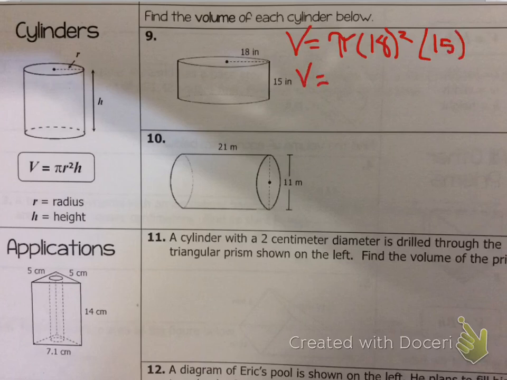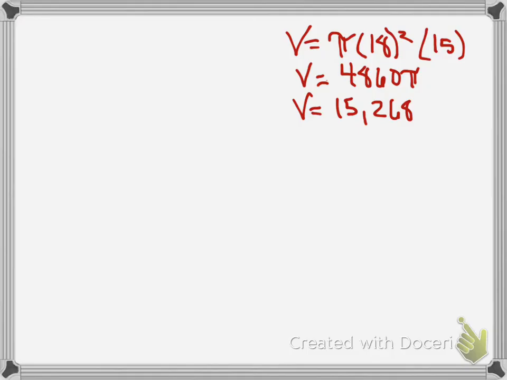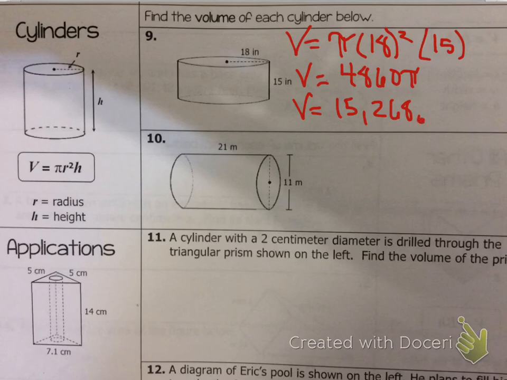If you type that in, 18 squared times 15 should get you 4,860 pi. That would be in terms of pi. But if I ask for a numerical answer, then that would give me 15,268.14. Cubic inches. So you kind of get the idea here.